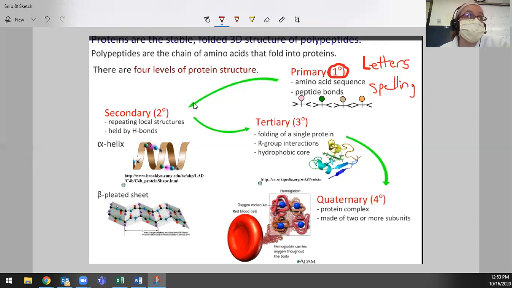The secondary structure now is when hydrogen bonds form, and it's only hydrogen bonds that form amongst the backbone. So all that you had to highlight before, the C and the COOH, and I'm not going to draw in the others.